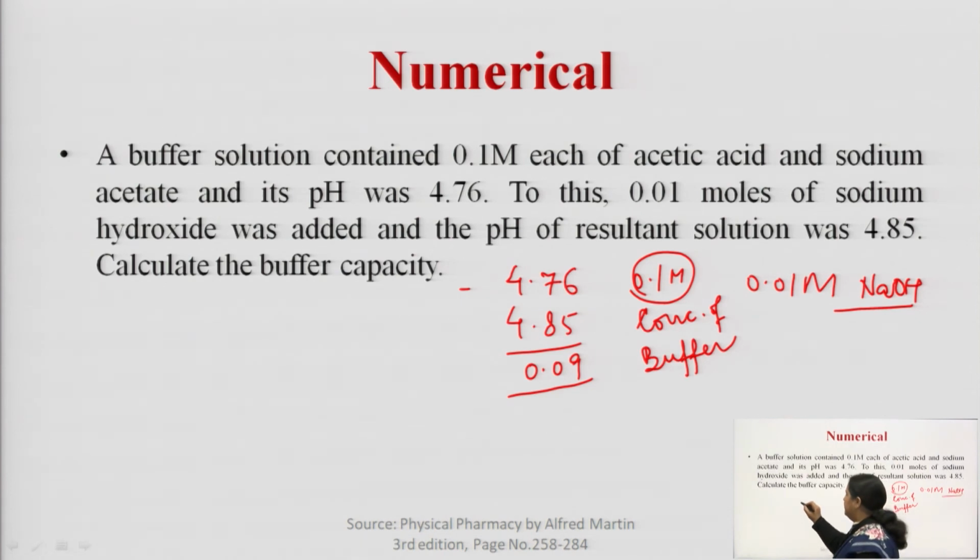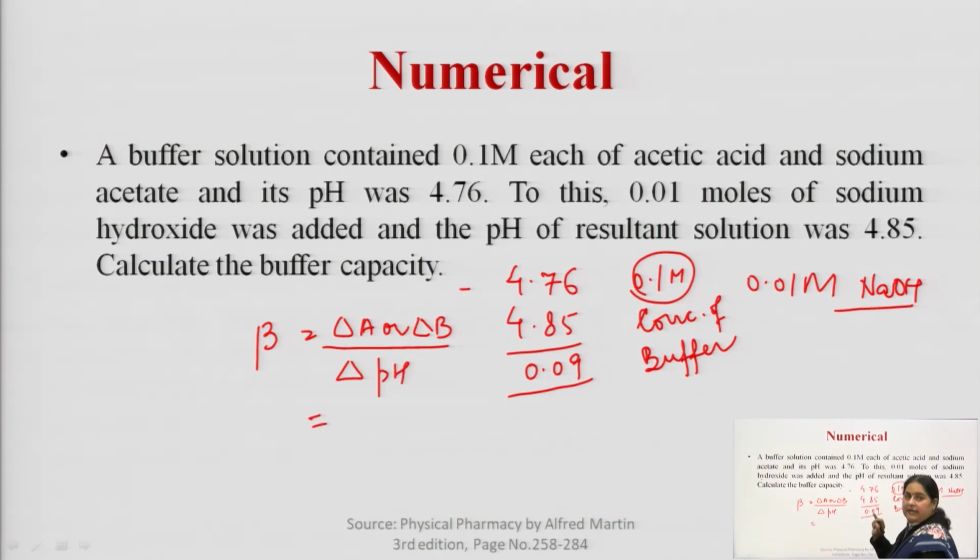So, what was the buffer capacity? Beta is equal to delta A or B upon delta pH, right. So, what do we have here? We have here delta B, because a base has been added. So, what is the concentration of that? It is 0.01 moles, right.